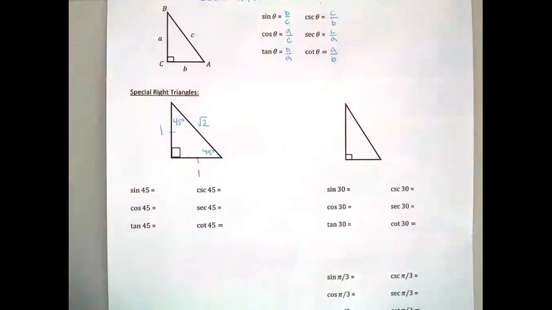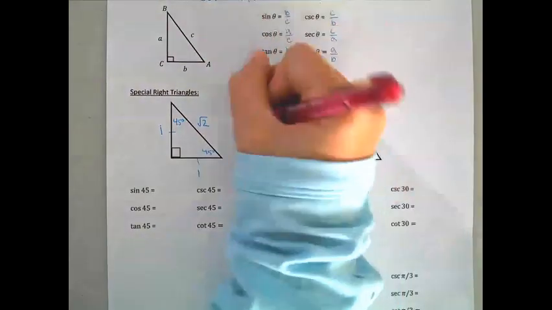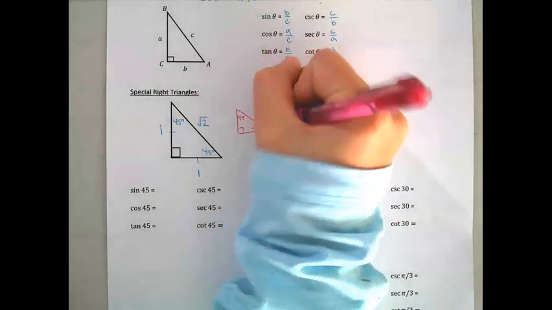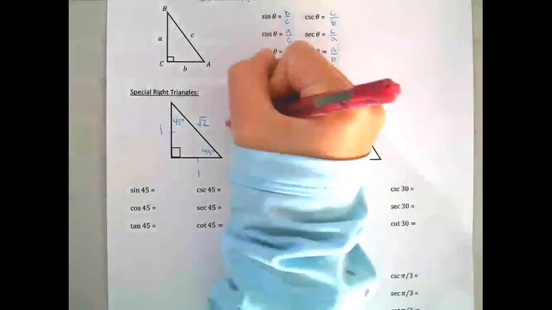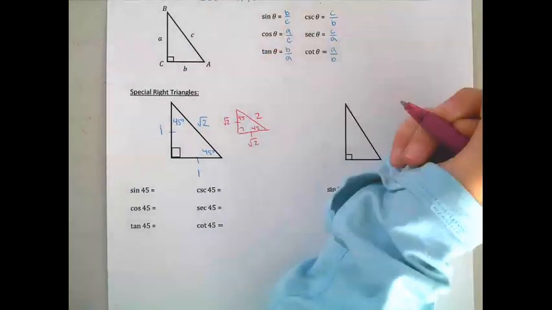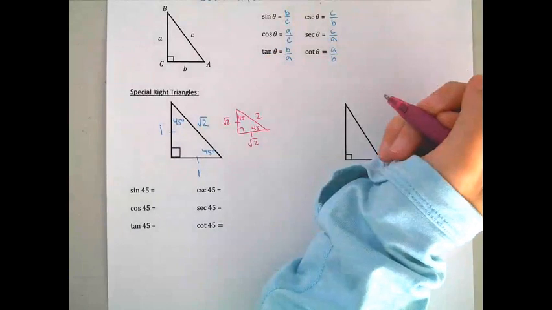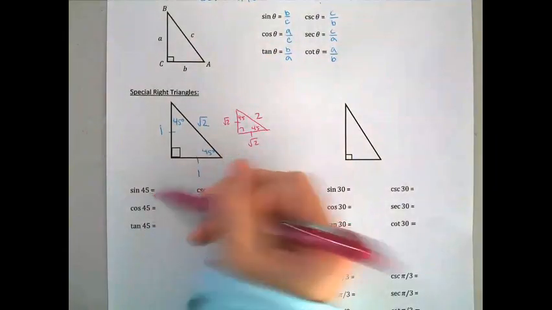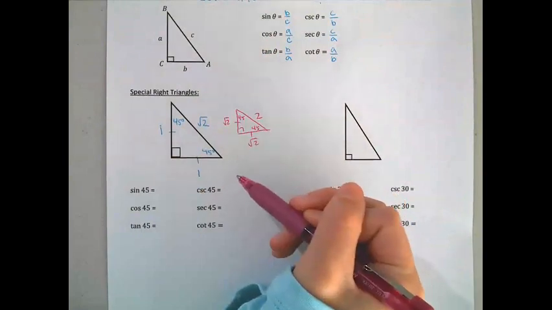And the other triangle I will let you guys know. Same setup, 45, 45. These are the same. Some people like to have it set up as root 2 and 2, and I'll talk about why in just a moment. But let's talk about finding this first exact trig value, and then I'll show you kind of where things change.